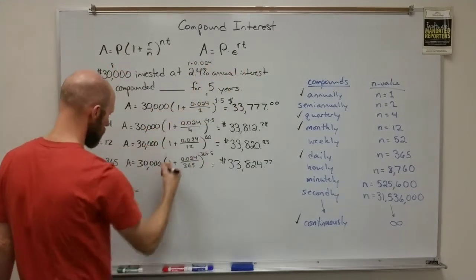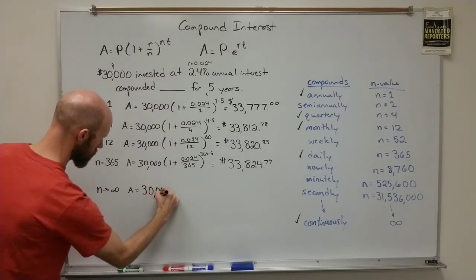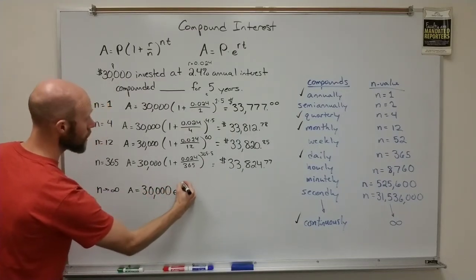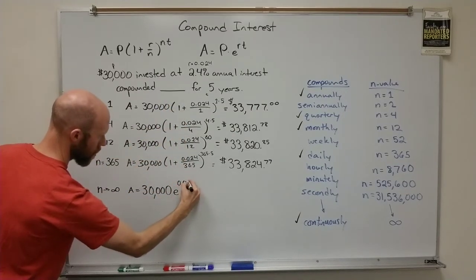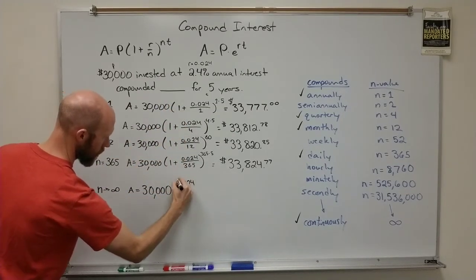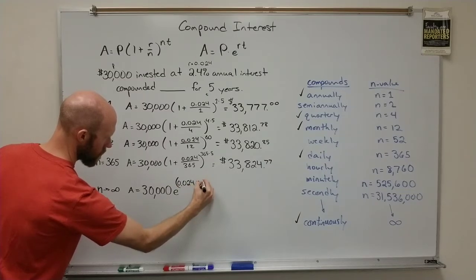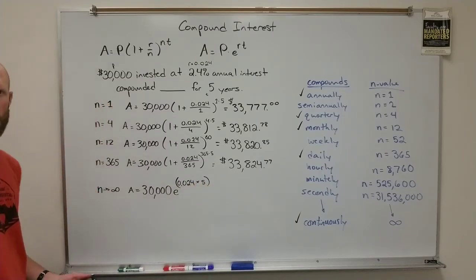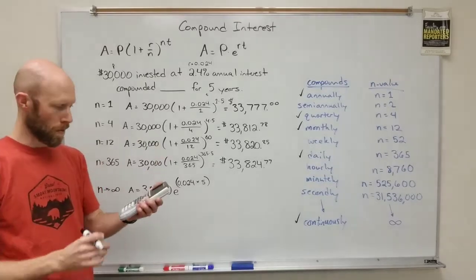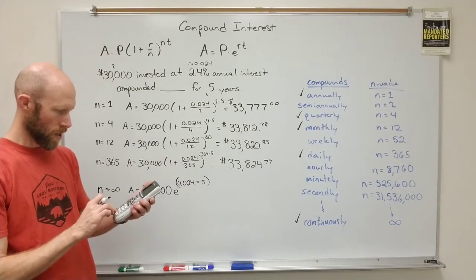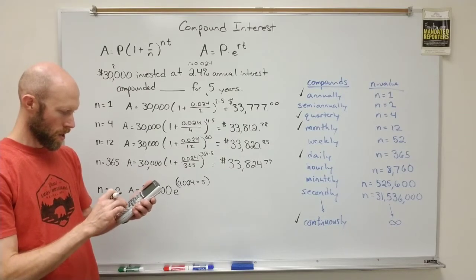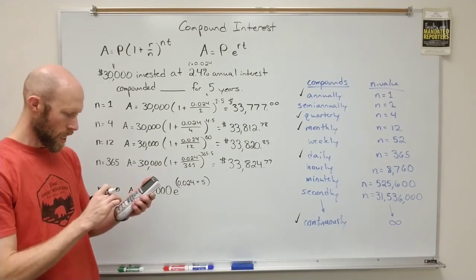And so as n approaches infinity, we say that A is equal to, now here we have to use the new formula. It's 30,000 times e to the RT. So the R is the 0.024 times 5. Right, that's all up in the exponent. And so I go to my calculator. This one I'm going to have to type in 30,000 times e.